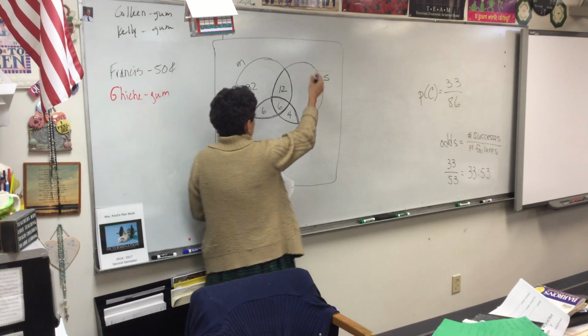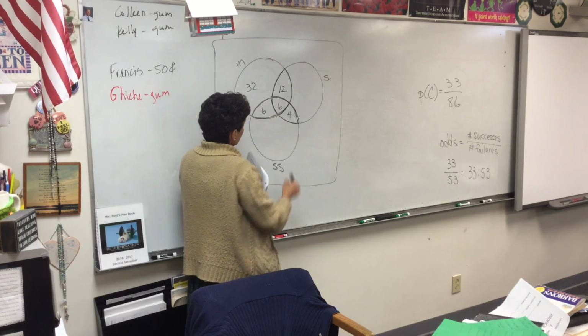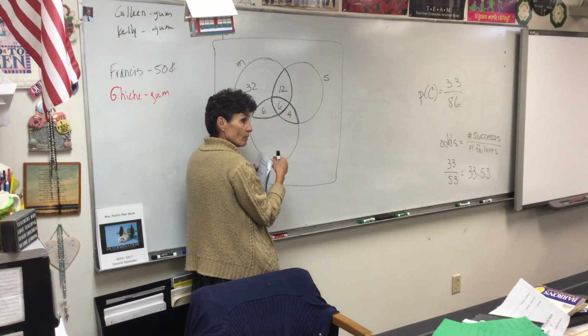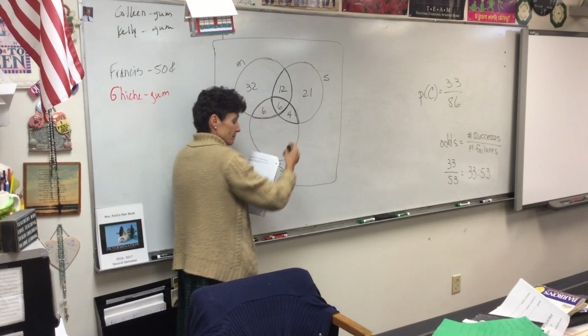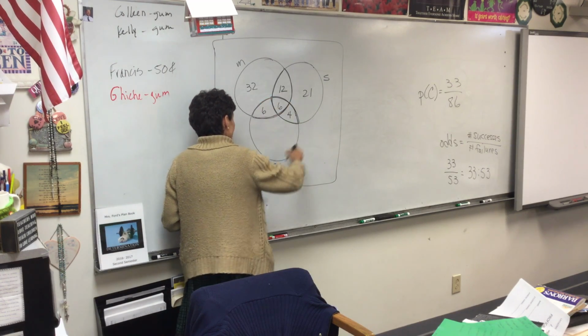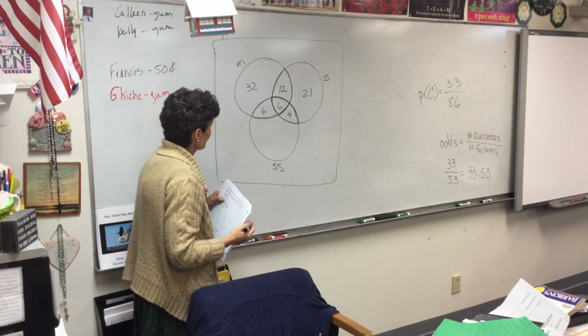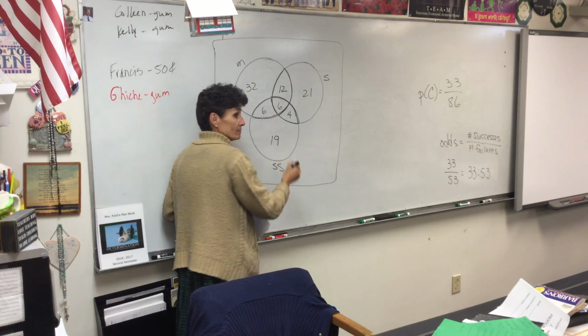I know the science circle contains 43, but I've already counted 22 of them. So is that 21? Check my arithmetic. 35 are in the social studies circle, but I've already counted 16, so 19 there.